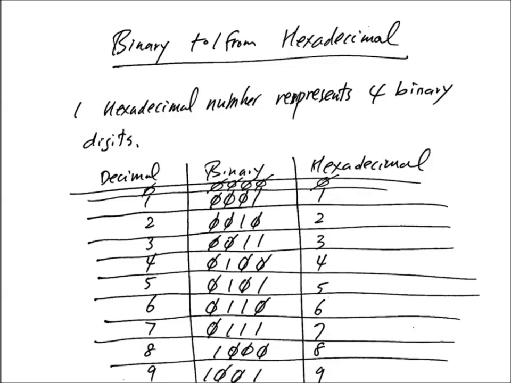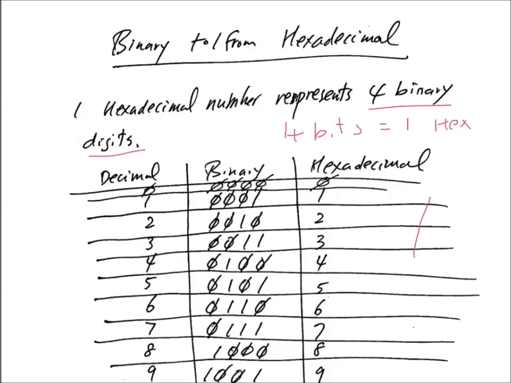So instead of using binary numbers in computing, we use hexadecimal numbers. Hexadecimal numbers are easy to remember, and each hexadecimal digit represents four binary digits. So basically, you can represent four binary digits, 4 bits, using one hexadecimal digit.